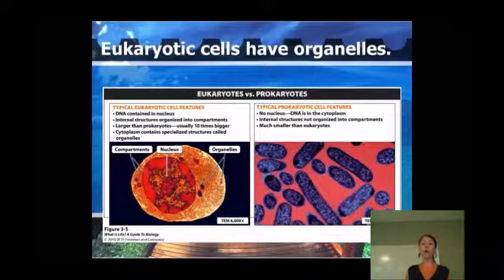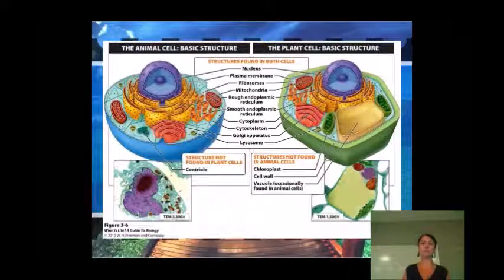But the typical prokaryotic cell has no nucleus. Notice its different shape. Eukaryotic cells are shaped one way. Prokaryotic cells, sometimes they're spherical, sometimes they're rods, sometimes they're spirals. But the things that they have in common: no nucleus, no compartments, and they are much smaller than eukaryotic cells.